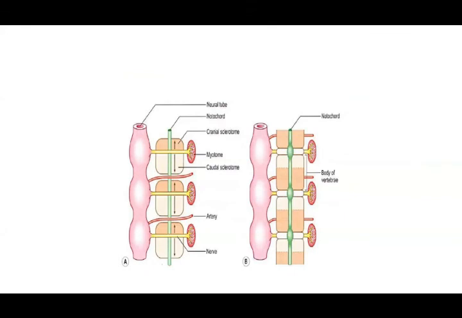This is a very good picture which shows you how the resegmentation is going to occur: what are the dense parts and the less dense parts, the cranial and caudal portions, and how they move, in which direction they move, and how the body is formed.